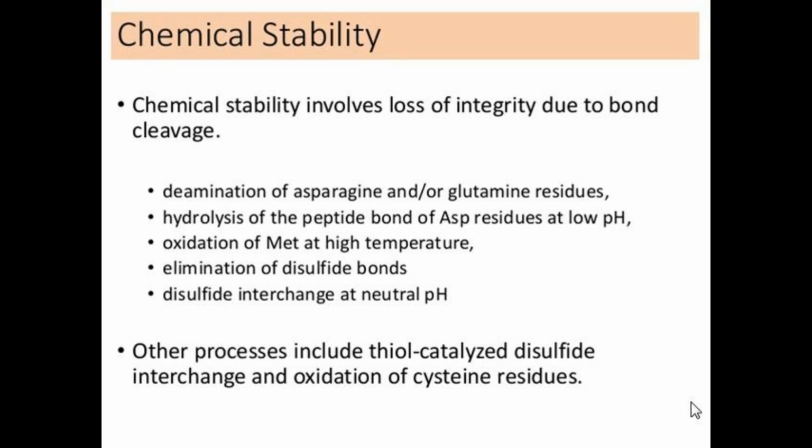Here, chemical stability involves the loss of integrity due to bond cleavages, and that may be due to the deamination of aspartate or glutamine residues, and also includes the hydrolysis of peptide bonds of aspartic acid residues at low pH.